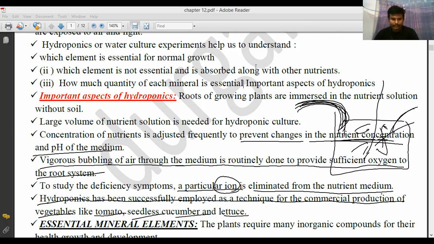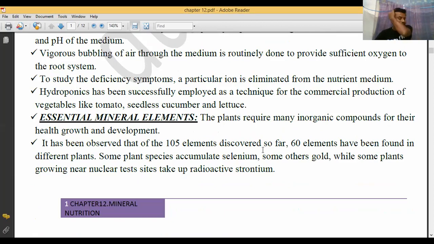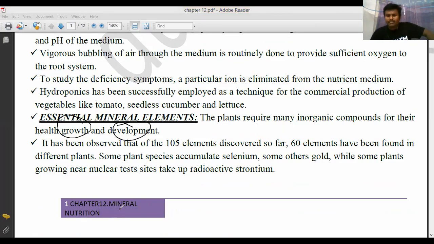Essential mineral elements. The plant requires many inorganic compounds for its normal growth and development. So those essential elements have been observed. It has been observed that 105 elements have been discovered so far.